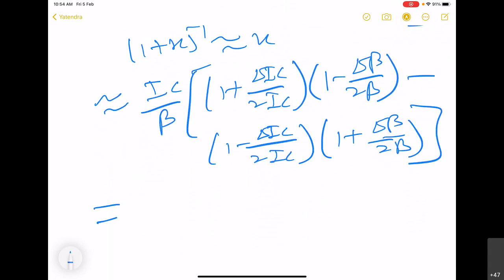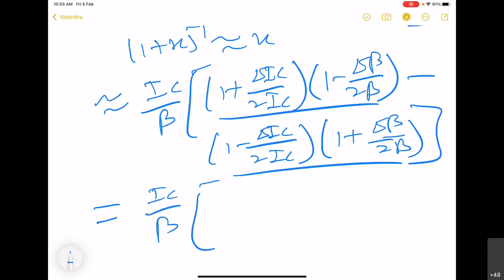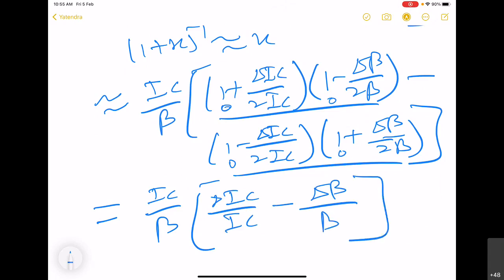So here one can expand these terms, and what one will get is the zeroth order term, that means these 1 1 they will get cancelled out, and the second order term, delta IC into delta beta, they will get cancelled out, and what we will have is delta IC by IC minus delta beta by beta here.